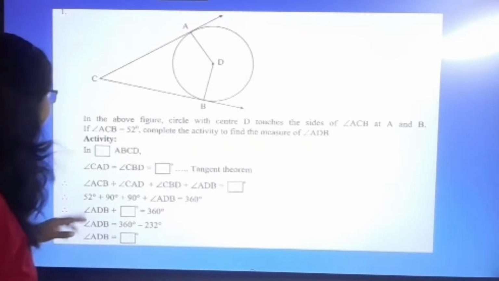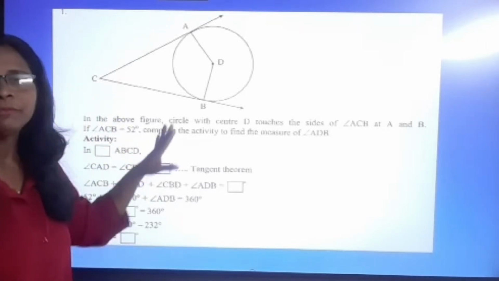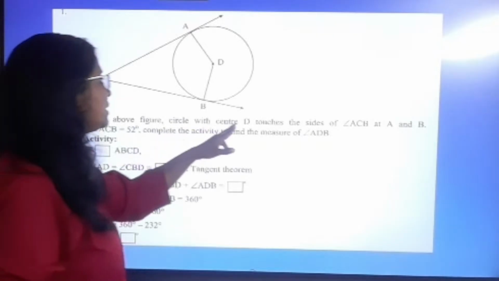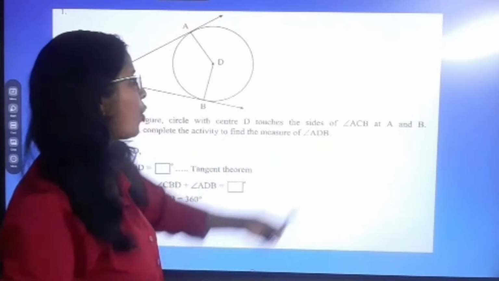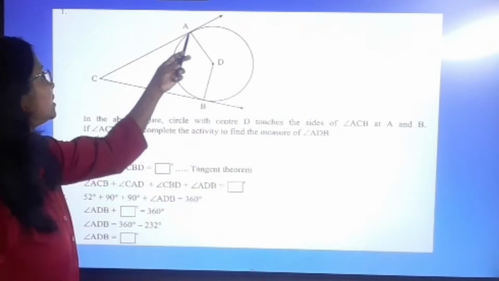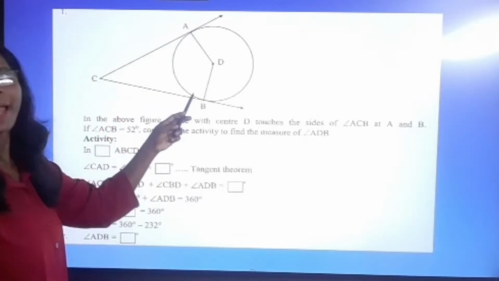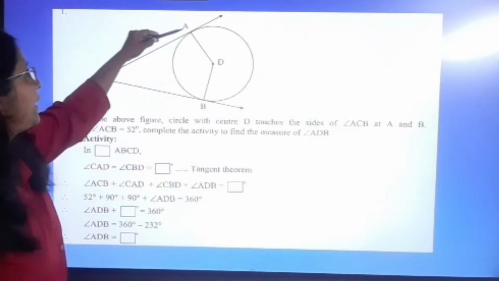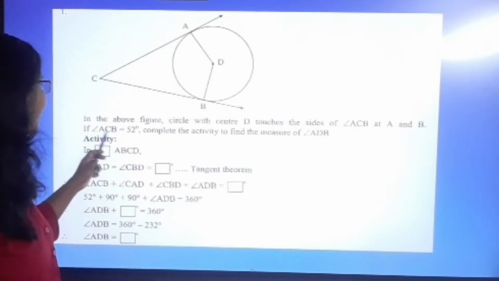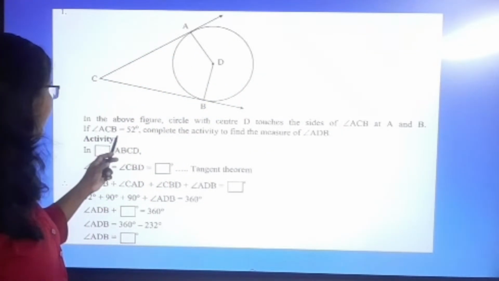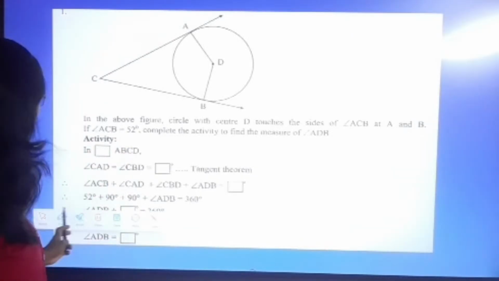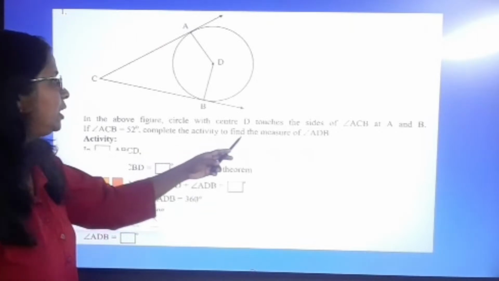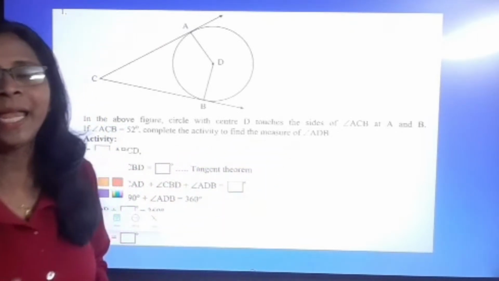The first one, the figure is given, and in the above figure, the circle with center D touches the sides of angle ACB at A and B. If angle ACB is equal to 52 degrees, complete the activity to find the measure of angle ADB.